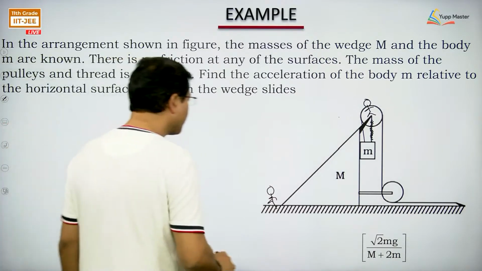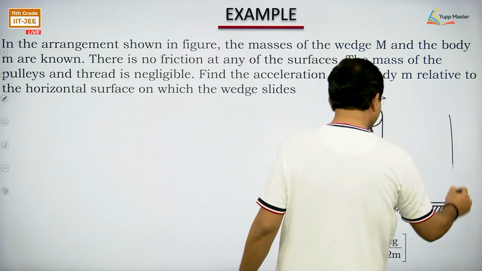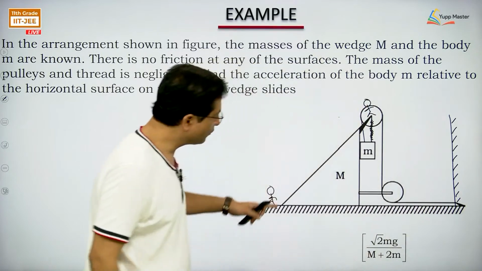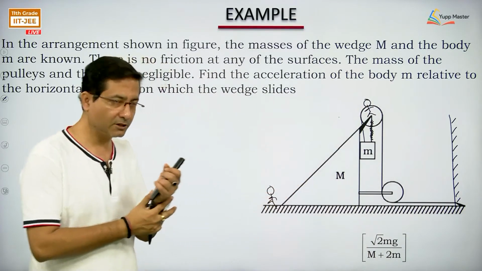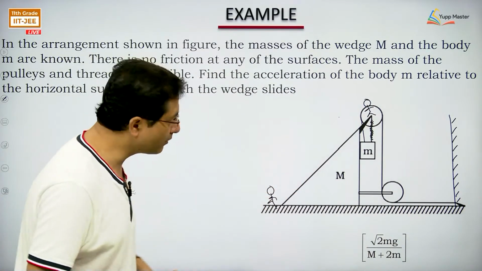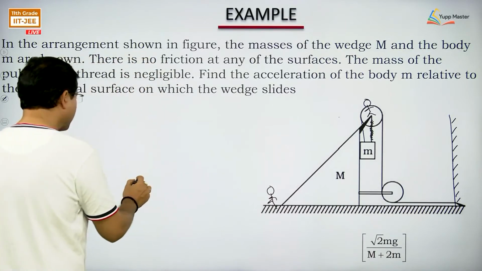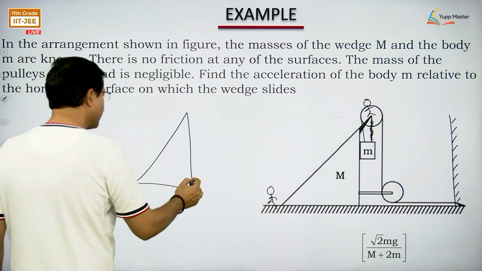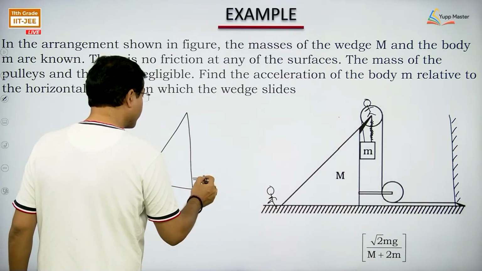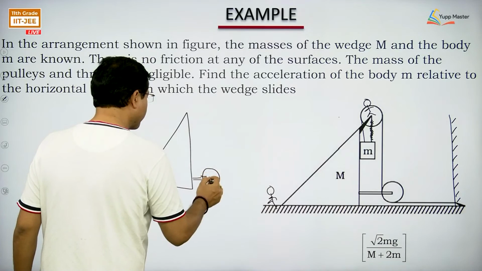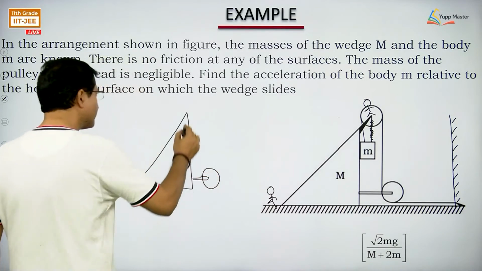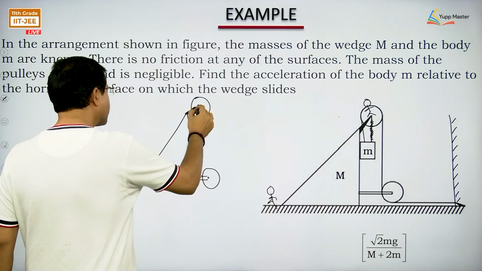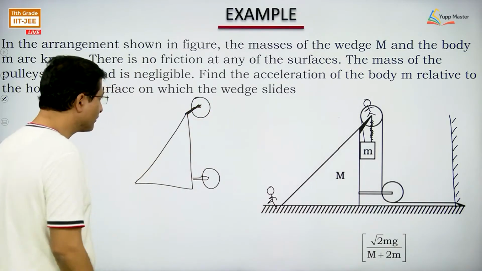So if you draw the free body diagram of the wedge, I want to observe the wedge from the ground frame, which is an inertial frame. Directly I can write F is equal to ma. If I draw the free body diagram of the wedge, whenever pulleys are connected, I already told you, consider the pulley as part of the block.